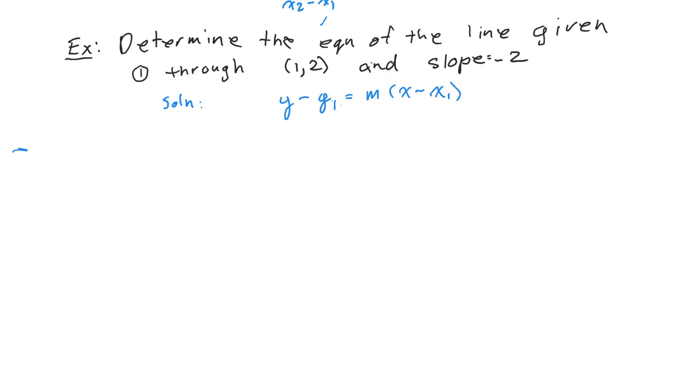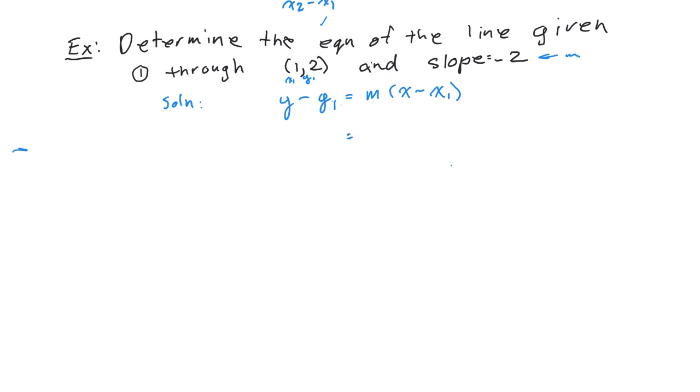So this is a new form of the equation that I want you guys to remember, because when you use this, it's literally going to save you from solving for b and then giving me the equation again. The values for x1 and y1 are coming from our original points, and then our slope is m.